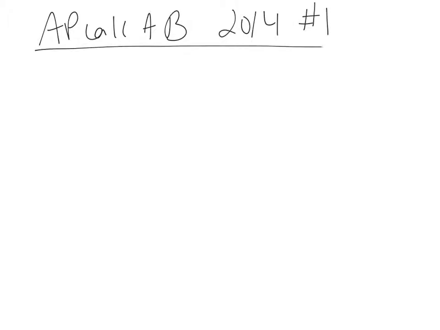I'm going to take you through the AP Calc AB 2014 number 1. So this is the grass clippings question. It tells you from 0, including 0 to 30, the amount of grass clippings.